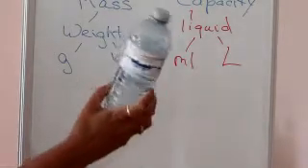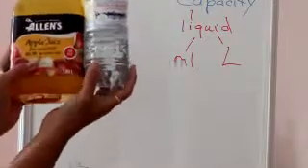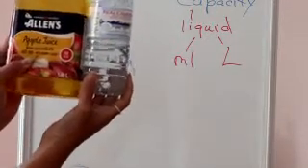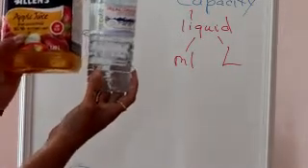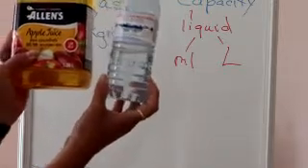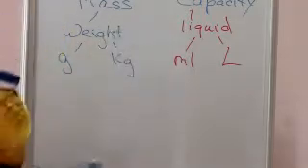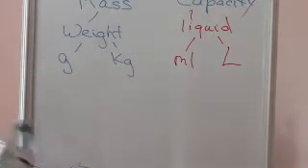I have a bottle of water here and I have apple juice. Which one would hold more? By looking at it, you can tell which one holds more. My apple juice is 1.89 liters and my bottle of water is 500 milliliters. And if I add the hand sanitizer, which we've all been using, it only has 60 milliliters. So they are different.